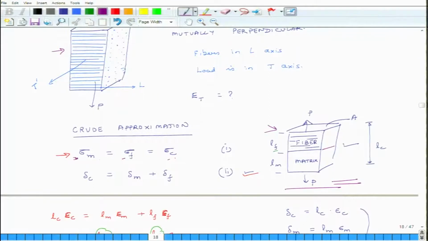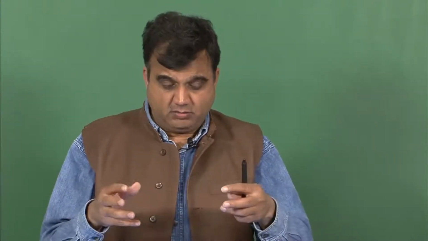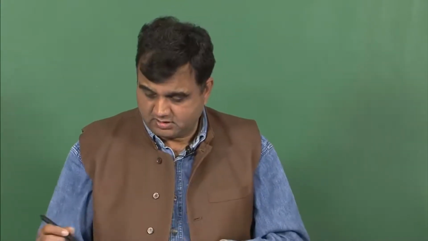Second thing is, when we apply load on the system, fiber expands and the matrix expands in the transverse direction, right. And when they are expanding in the transverse direction, there will also be Poisson's contraction in the other direction. See, when you pull something, it becomes longer, but it also becomes slimmer. So, because of this Poisson's effect, matrix will become slimmer and also fiber will become slimmer, but both these things will not be same because the material properties of matrix and fiber are different.